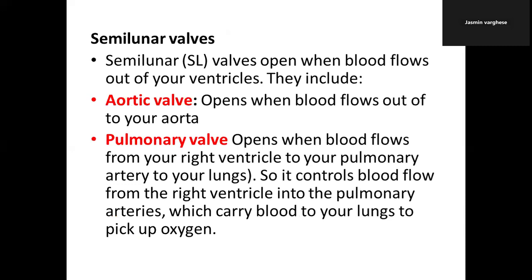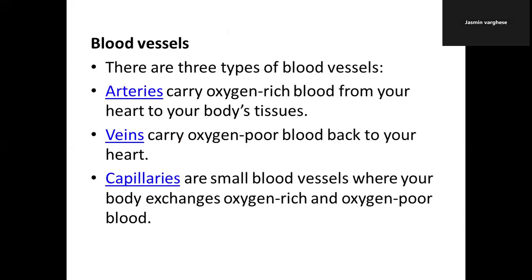Then there are three types of blood vessels we can see in the heart: arteries, veins, and capillaries. Arteries carry oxygenated blood. Arteries mean oxygenated blood, except the pulmonary artery. Okay, the pulmonary artery will carry deoxygenated blood to the lungs, and the pulmonary vein will carry good blood to the left auricle, or left atrium.